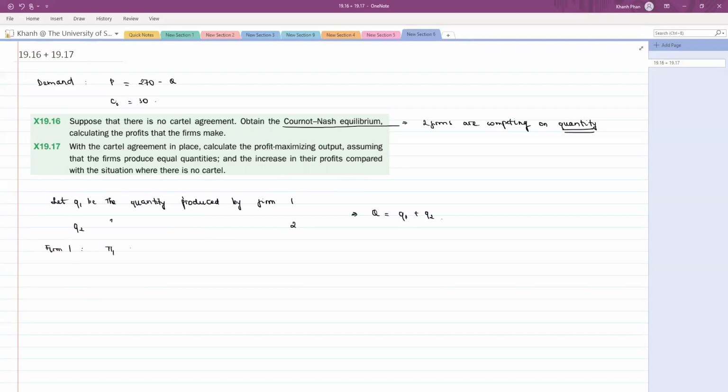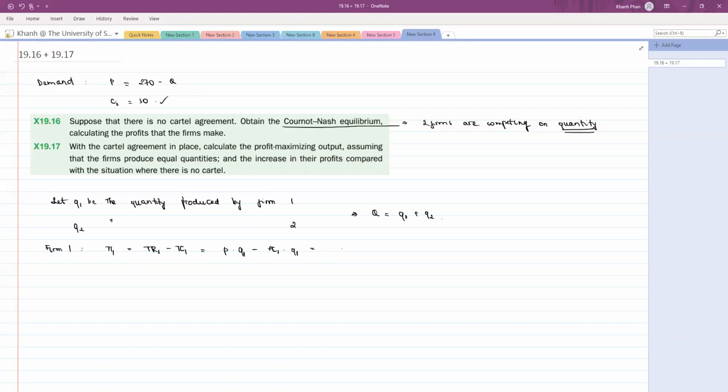Pi 1 equals total revenue 1 minus total cost 1. Total revenue is the price in the market times the quantity Q1, and total cost is the average cost for firm 1 times Q1. Because we have a constant marginal cost, average cost is equal to the marginal cost.